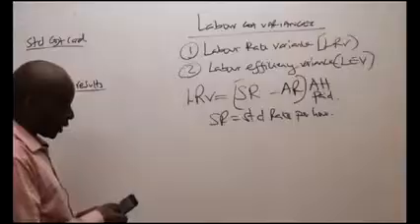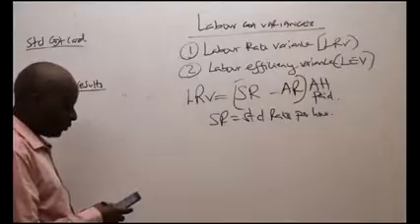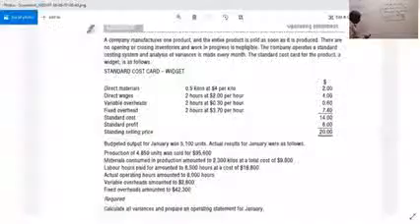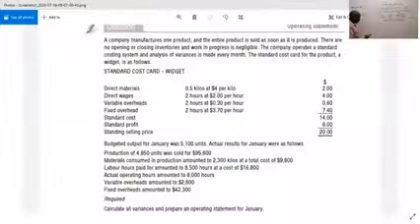So please go to your standard cost card. We have our standard cost card, where I can see direct wages, which is our direct labor cost.